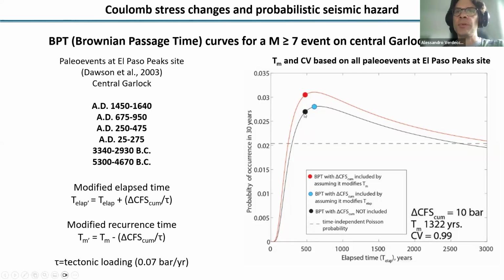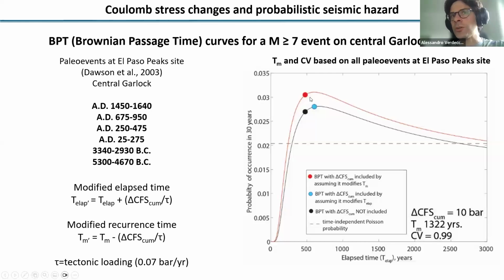The black dot represents the probability when we do not consider stress changes. The blue dot represents the probability when we do consider stress changes, but with a model where we modify the elapsed time. You can clearly see that the blue dot follows the same curve as the black dot because we just push the fault in terms of clock advance along the same curve, basically.